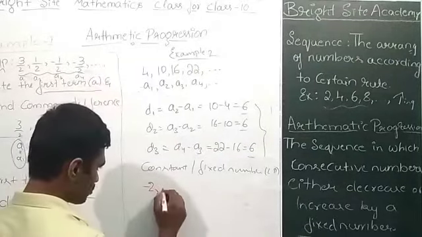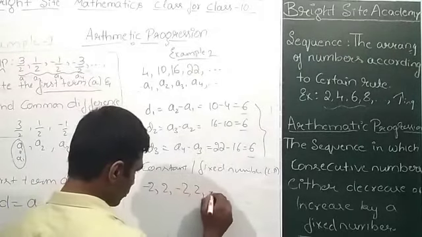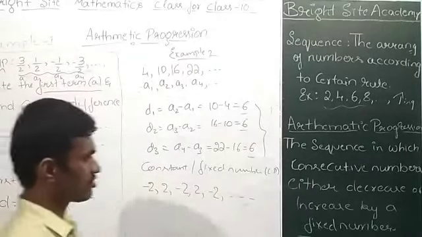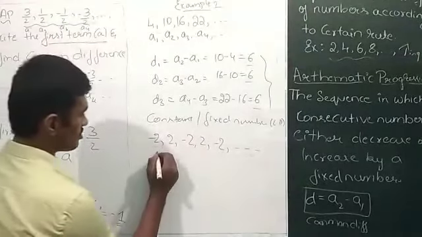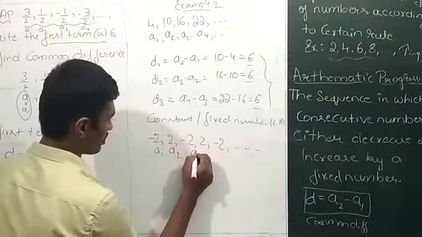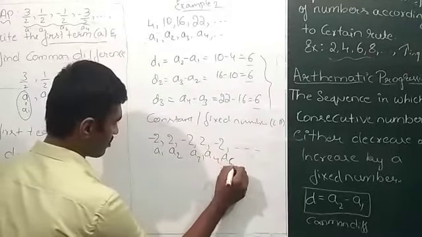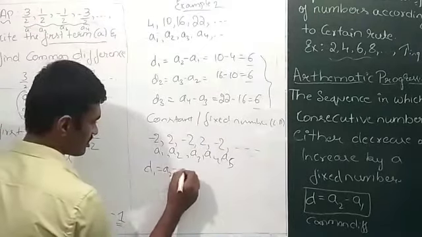Minus 2, 2, minus 2, 2, minus 2, and so on it is continuing. We need to find this similarly as above. Denote them as A1, A2, A3, A4, A5. Find D1 is equal to A2 minus A1.